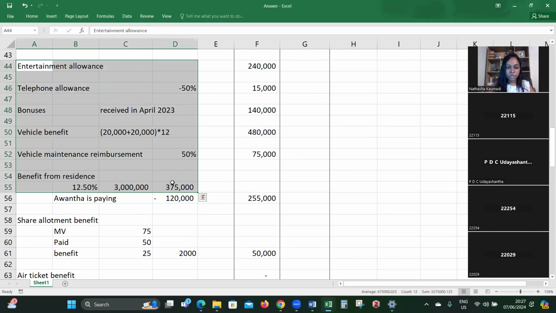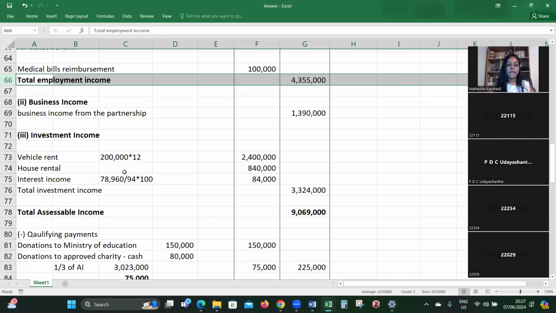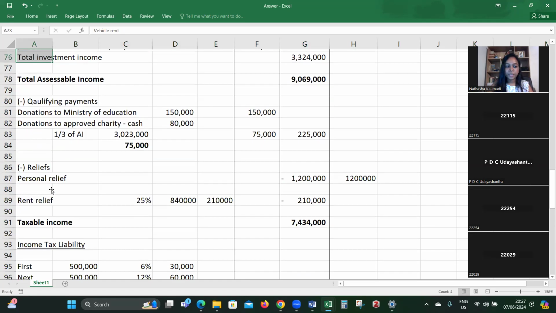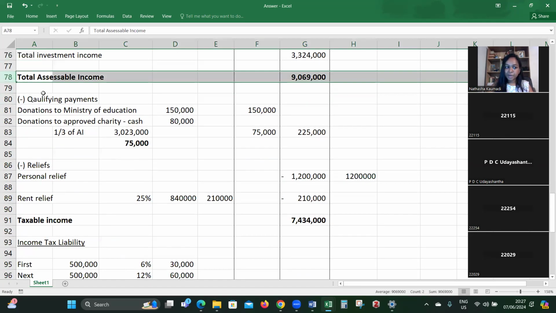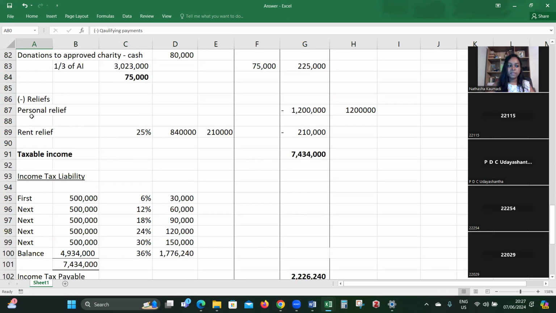One by one, we took the amounts. We took the employment income total. And then business income, we directly took from that working. And then investment income, one by one we took. And then we took the assessable income. And then qualifying payments, we deducted. And then we deducted the reliefs.